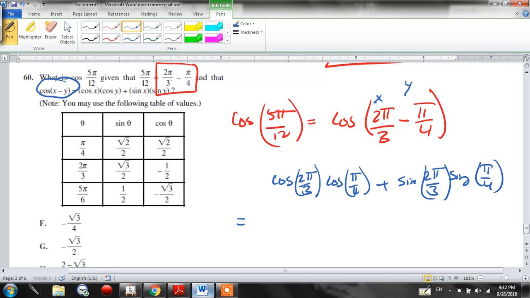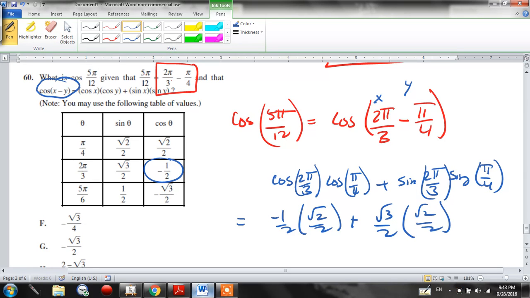Now they just give you a gift here. They're giving you stuff over here. So cosine of 2 pi over 3 is negative 1/2, times cosine of pi over 4, which is square root of 2 over 2, plus sine of 2 pi over 3, which is square root of 3 over 2, times sine of pi over 4, which is square root of 2 over 2.